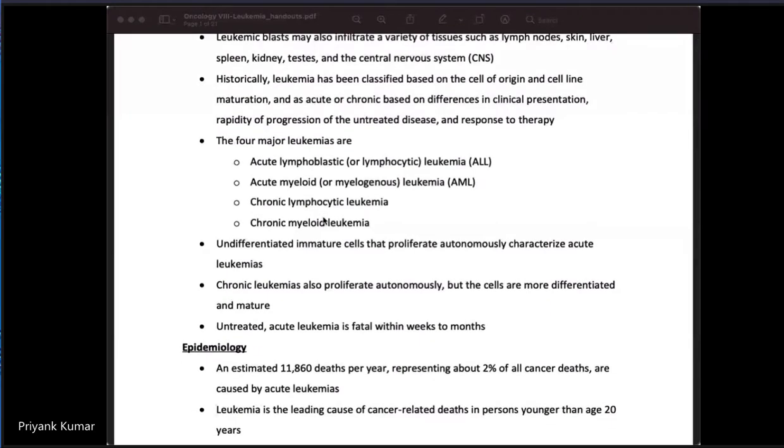There are 4 types of leukemias. They're divided into 2 acute subtypes and 2 chronic subtypes, right? So acute lymphoblastic or lymphocytic leukemia, ALL, and acute myeloid or myelogenous leukemia. Then the same thing goes with the chronic types, right? Chronic lymphocytic leukemia and chronic myelogenous or myeloid leukemia.